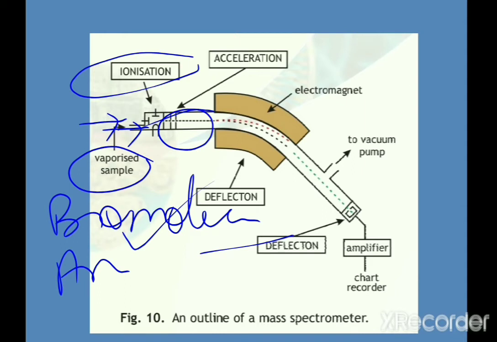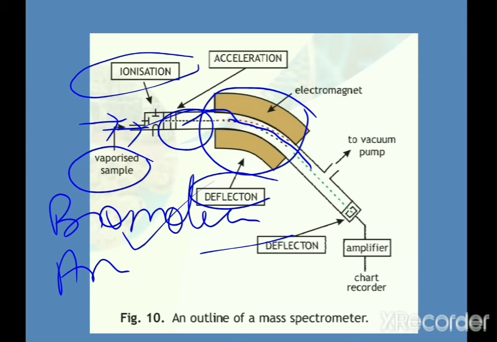Then these molecular ions, because they have different charges and differ in their momentum, behave differently in an electric field, and they are separated on the basis of mass by charge ratio in this analyzer part. So deflection actually takes place inside the analyzer, where the molecular ions are being run in the fixed electromagnetic field.